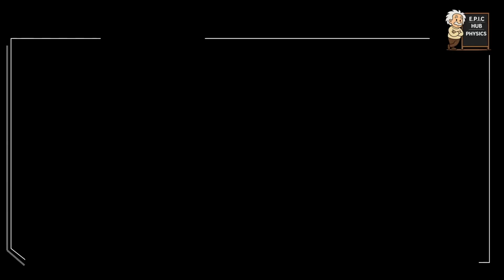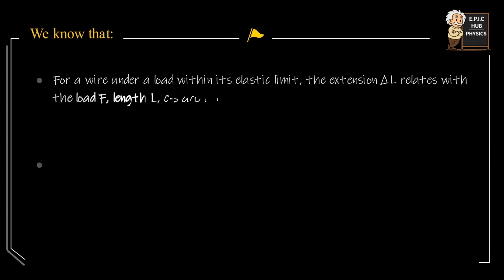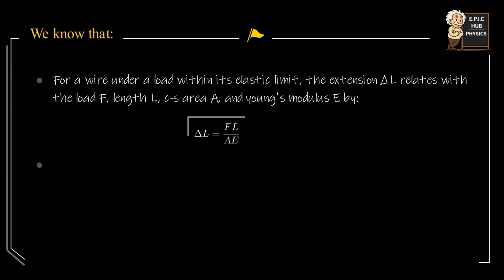We can see that this is a problem that focuses on Young's modulus and elastic properties of materials. Before solving the problem, let's recall what we know. We know that for a wire stretched within its elastic limit, the extension, delta L, is related to the load F, the original length L, the cross-sectional area A, and the Young's modulus E by the formula delta L equals FL divided by AE.